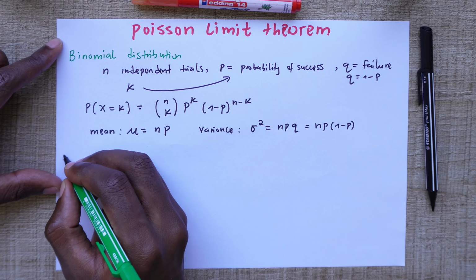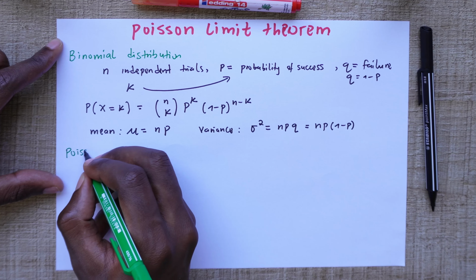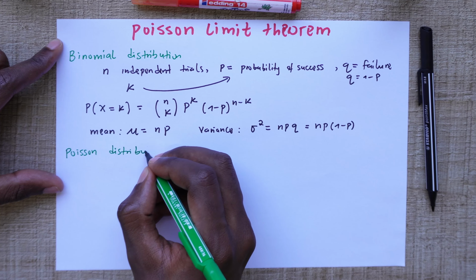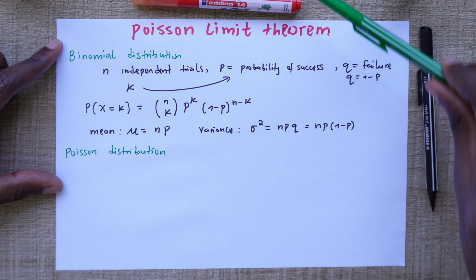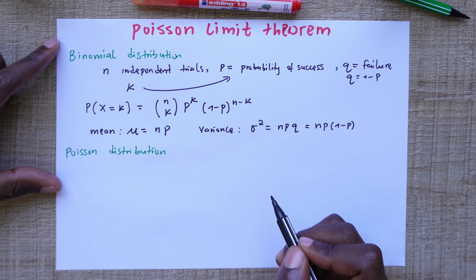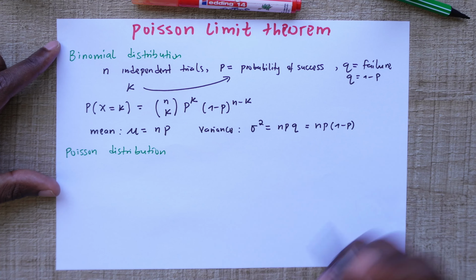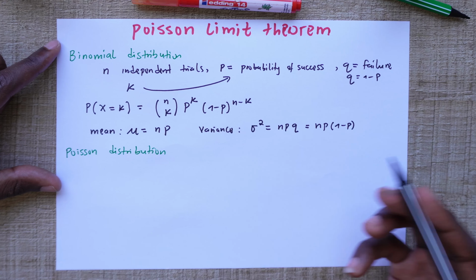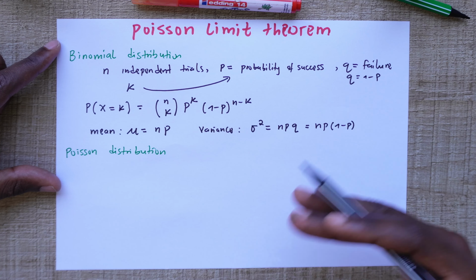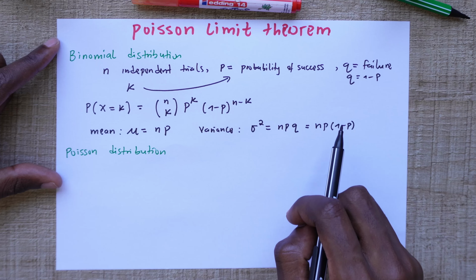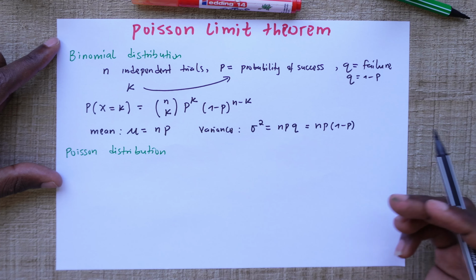Now, a Poisson distribution is slightly different. Suppose this time that you are carrying out n independent trials, which means you are carrying out a set of realizations. You could be throwing a coin or maybe tossing a die.